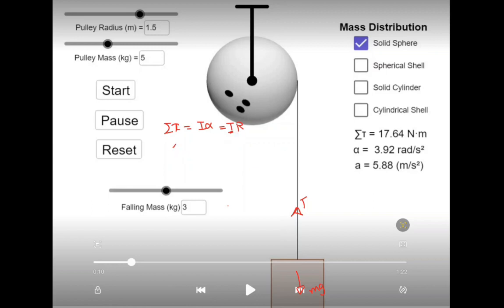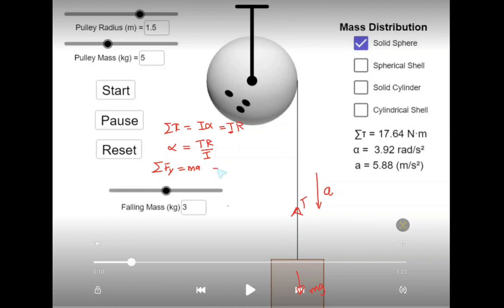Now alpha is the angular acceleration, it's equal to T R over I, where I is the moment of inertia for this solid sphere pulley. Now the sum of all forces on Y is equal to ma. Since the object is moving downward here, we have a tangential acceleration.